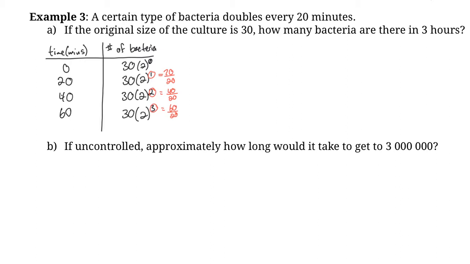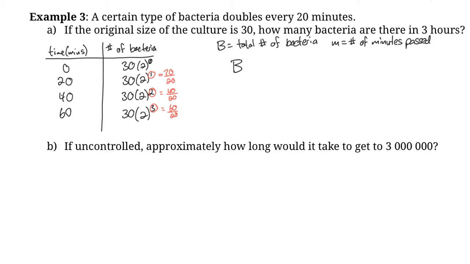So before we write out our equation, we're going to establish some variables. We can let B represent the total number of bacteria. And we can let M represent the number of minutes that has passed. And let's write out our equation.